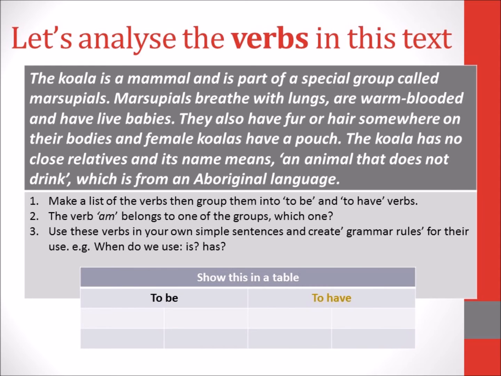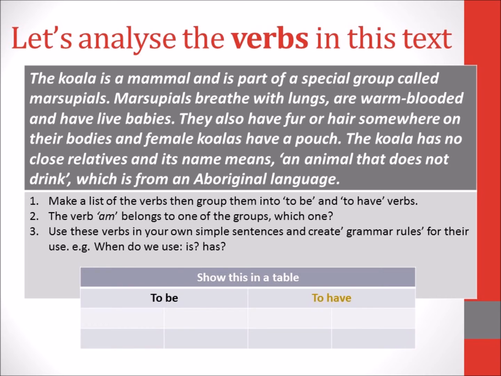The koala is a mammal. Okay, is that being or having? And is part of a special group called marsupials. Marsupials breathe with lungs, are warm-blooded, and have live babies.